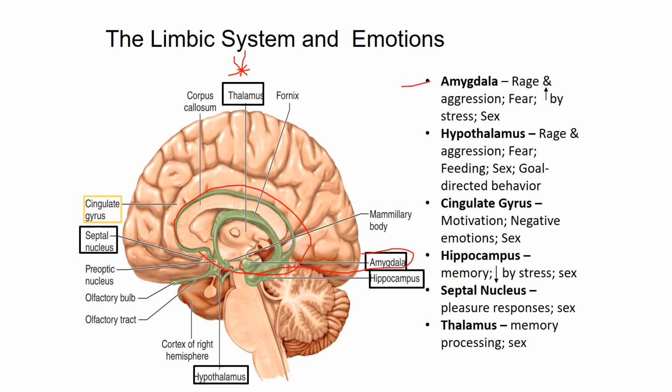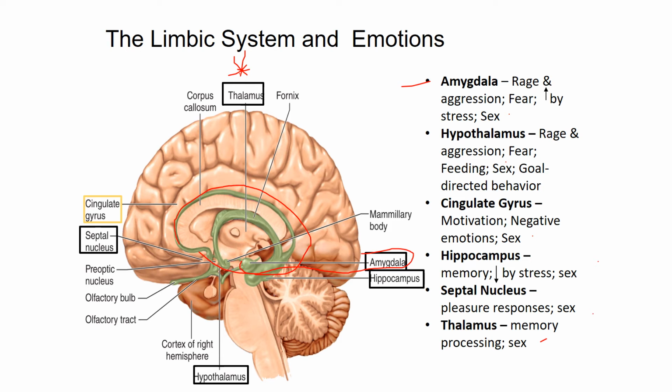The amygdala is also responsible for fear and aggression, and it's going to increase activity when we're in stressful situations. All of these structures of the limbic system I also want to point out are responsible for sex drive as well, so both negative and positive experiences.